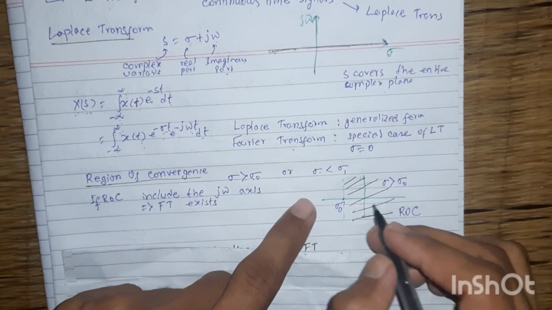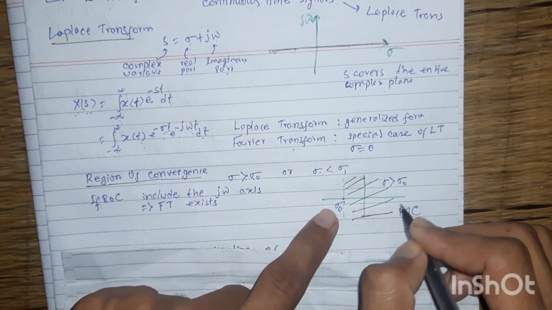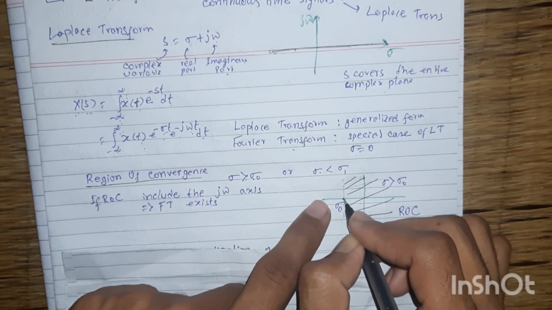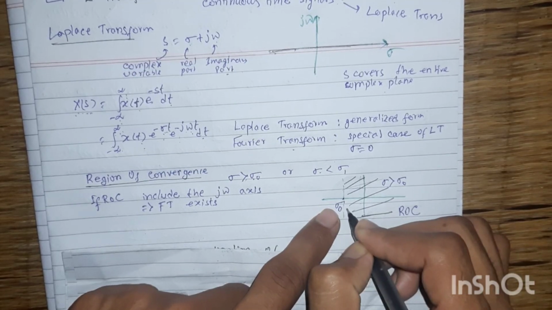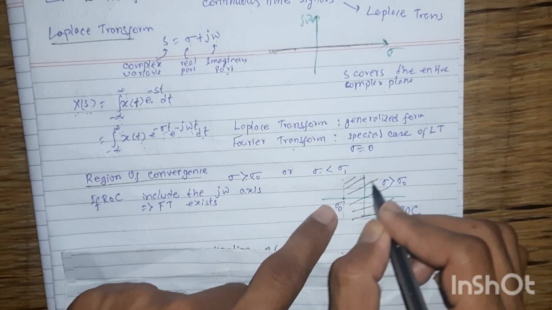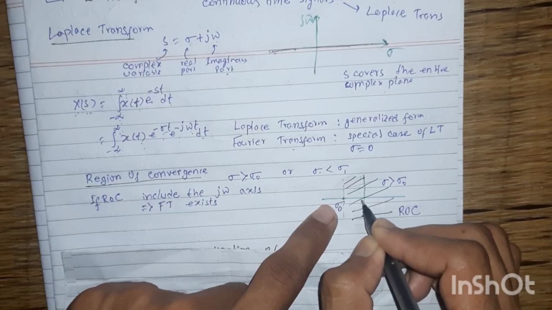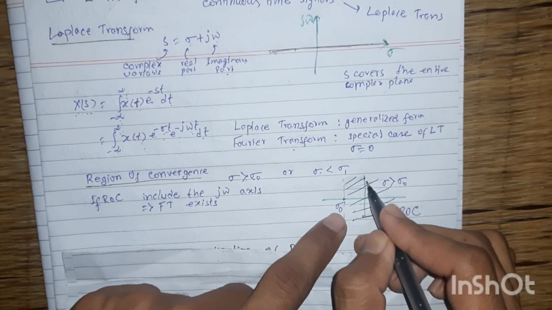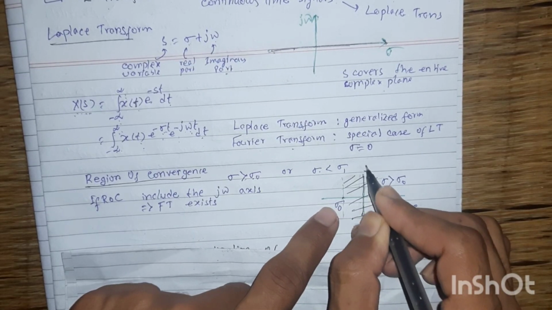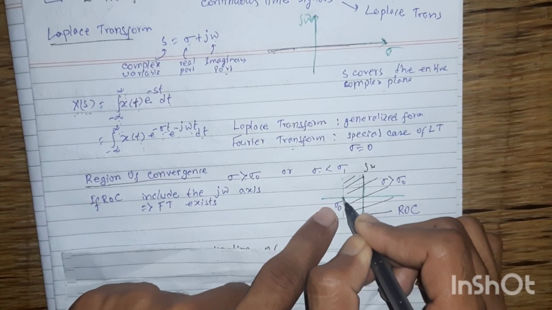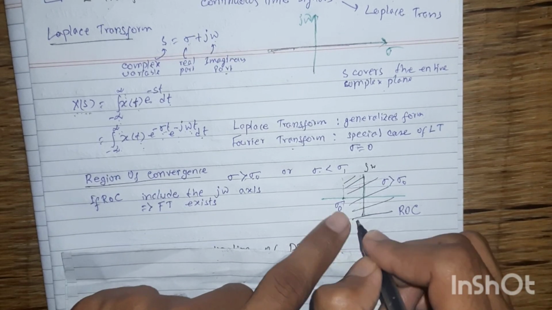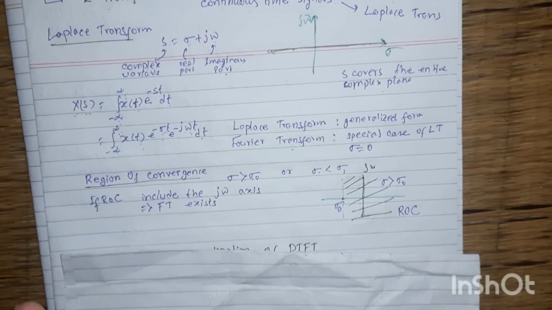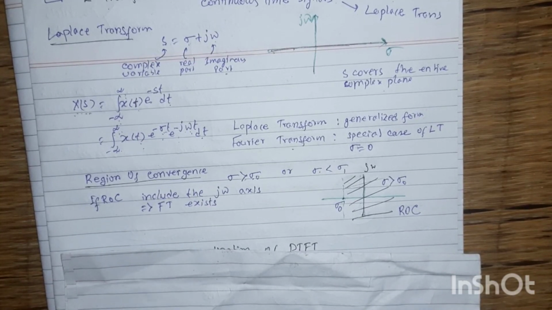If we take sigma greater than sigma naught, suppose this sigma naught point is located at a negative real axis point, then this entire ROC region takes the imaginary axis. And this is the most important point to note: if this j omega imaginary axis comes under this region of convergence, then we can say this function x of t has a Fourier transform.